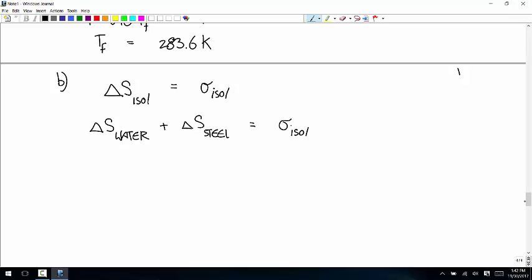And this is an equation from a couple days ago. If we assume this is incompressible, then the change in specific entropy is equal to C times the natural log of T2 over T1.